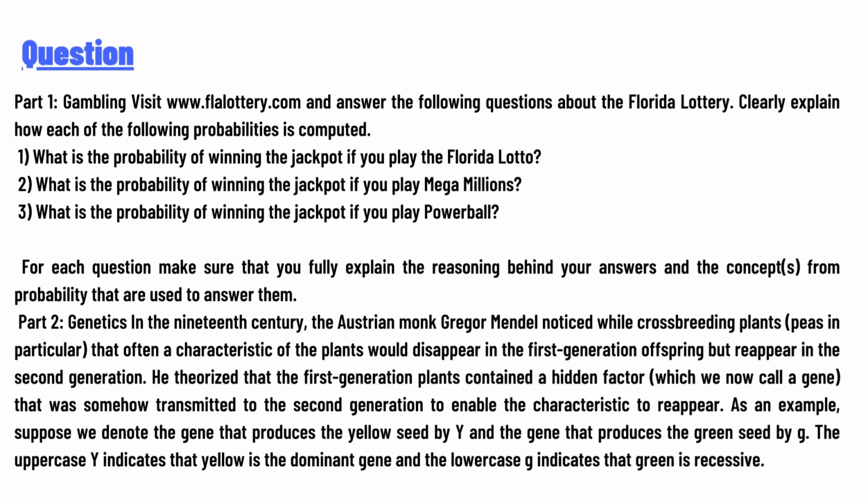As an example, suppose we denote the gene that produced the yellow seed by Y and the gene that produced the green seed by g. The uppercase Y indicates that yellow is the dominant gene and the lowercase g indicates that green is recessive.